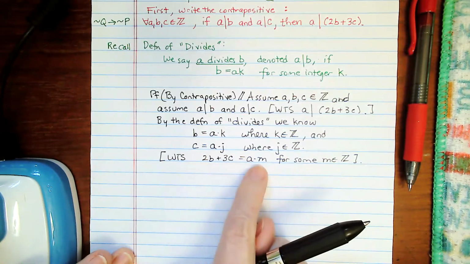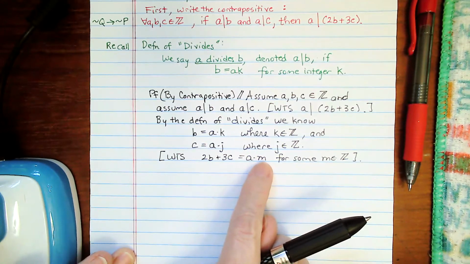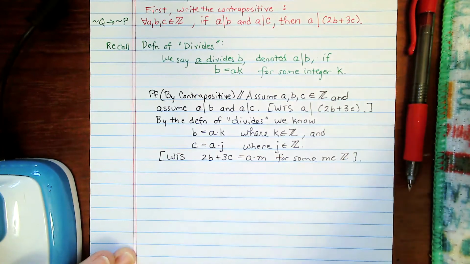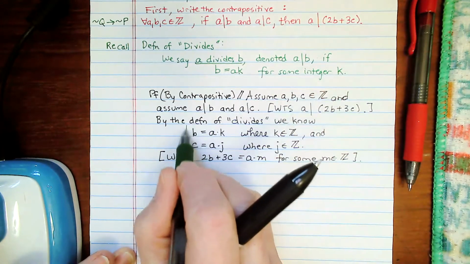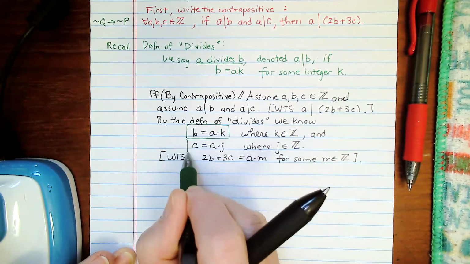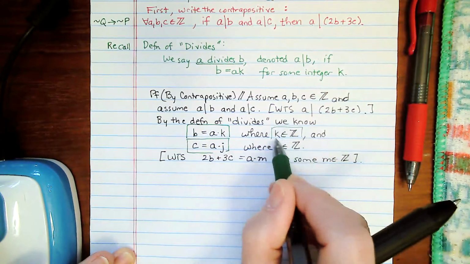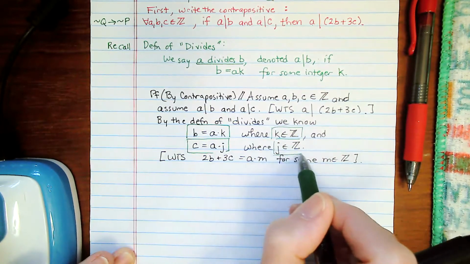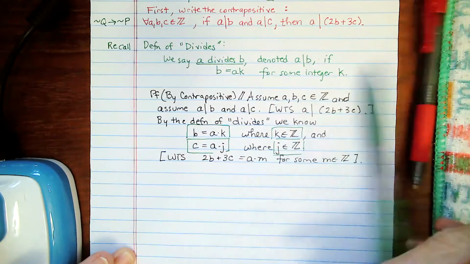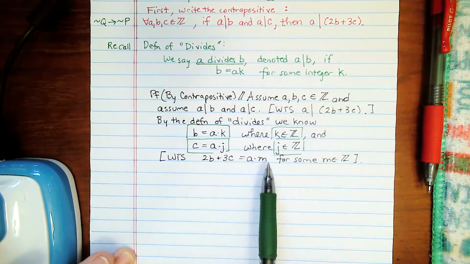We want to show it looks like this, a times m. M, of course, won't be a single letter. It'll be an expression that we build from substitution using the equations that we have from our definition of divides. We'll also use closure properties of the integers to show that the expression looks like an integer m.